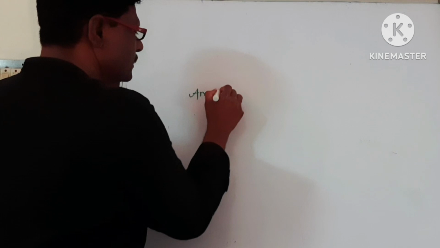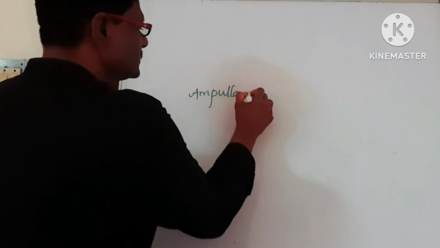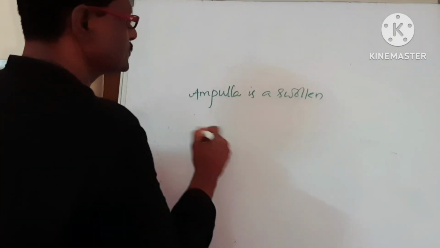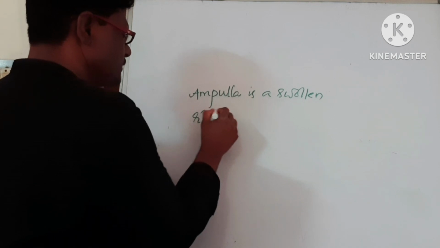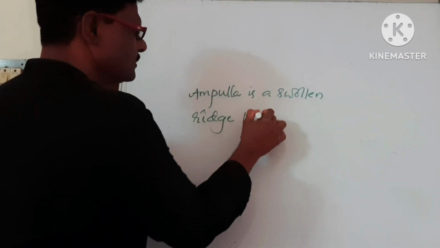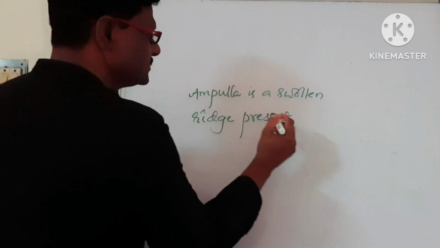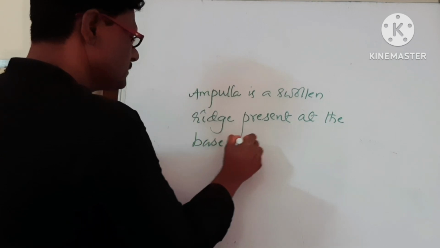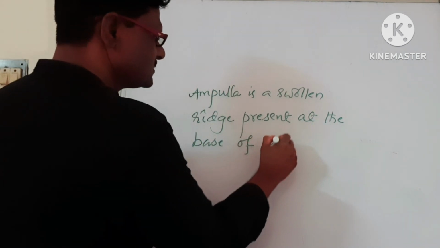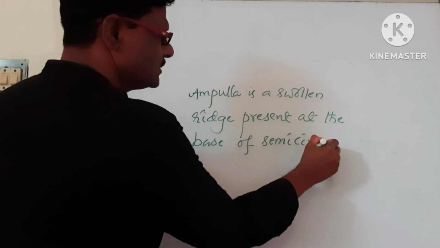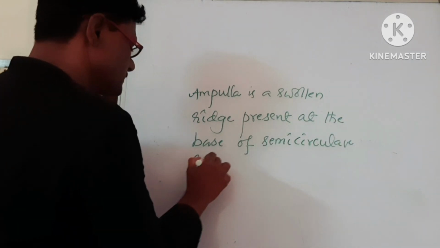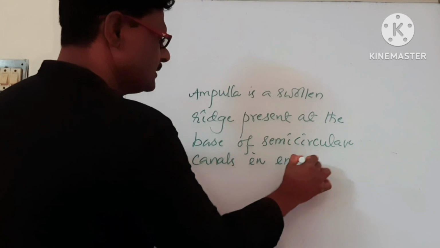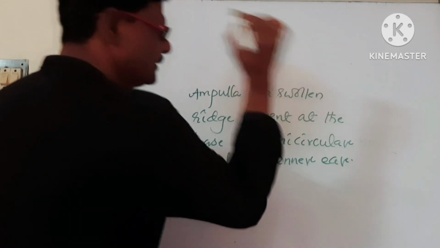Ampulla is a swollen ridge present at the base of the semicircular canals in the ear.